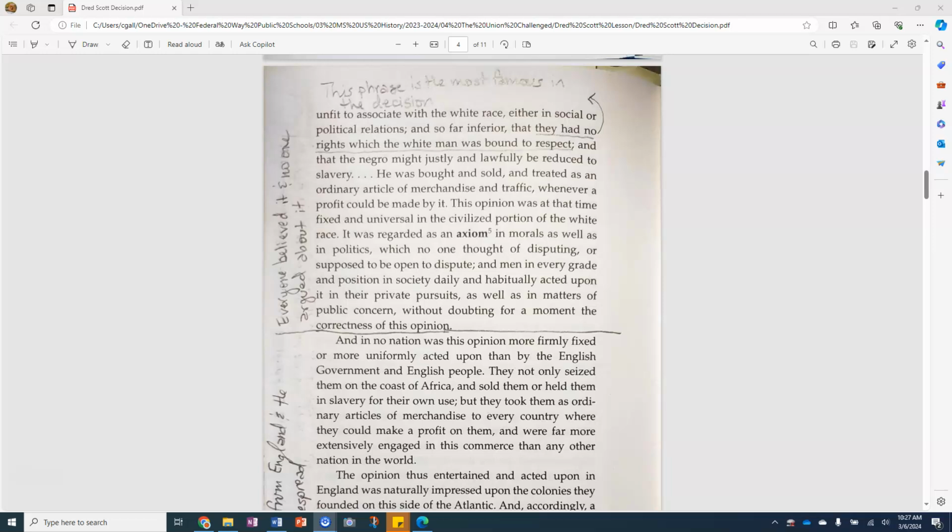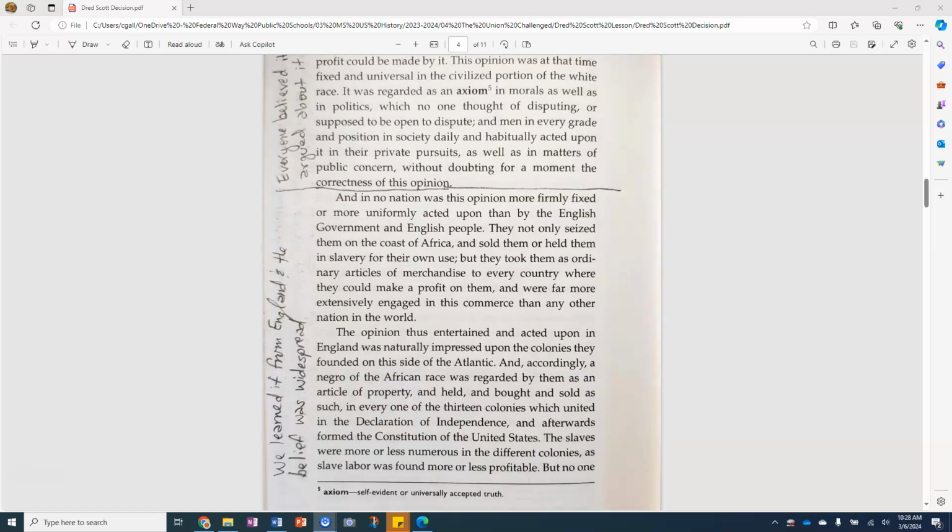He says this opinion was at the time fixed and universal in the civilized portion of the white race. It's kind of a loaded statement, but basically he's talking about the British and the Americans, maybe the French. He might also include the French in there, right? Maybe some Europeans, but really he's saying everybody thought it at the time. It was regarded as an axiom, a self-evident truth in morals as in politics, which nobody argued about.